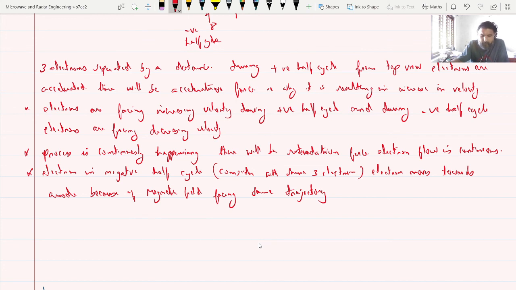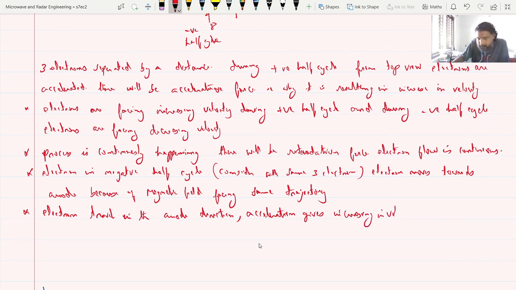That is why I also write: electron travels in the anode direction, acceleration gives increase in velocity.